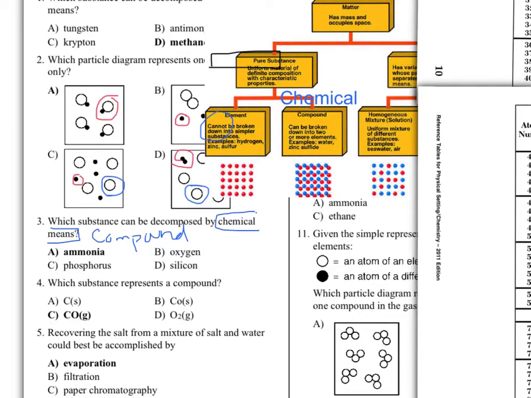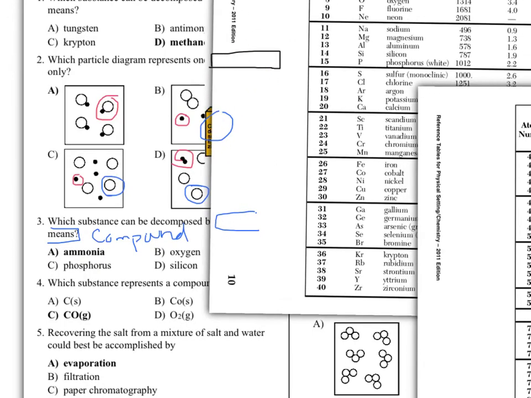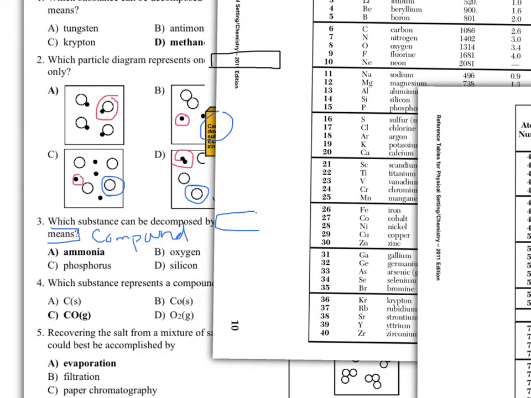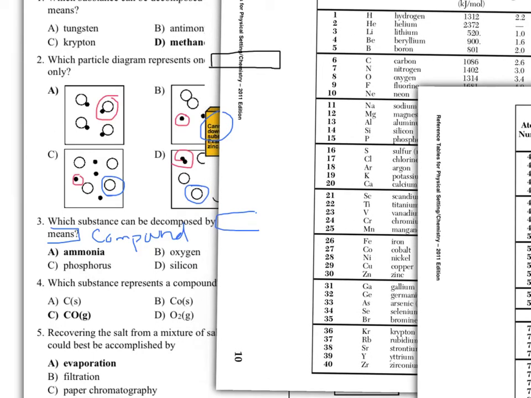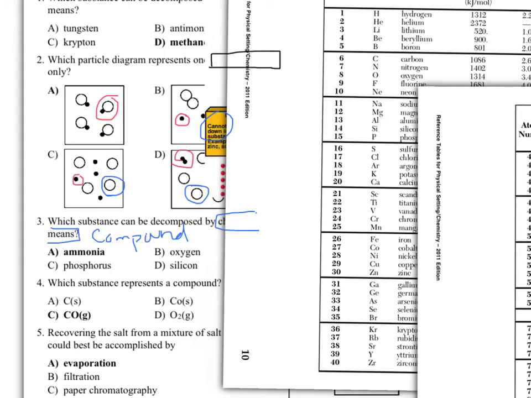So again, we're going to look at our reference table S. And here we can see that element number 8 is oxygen.